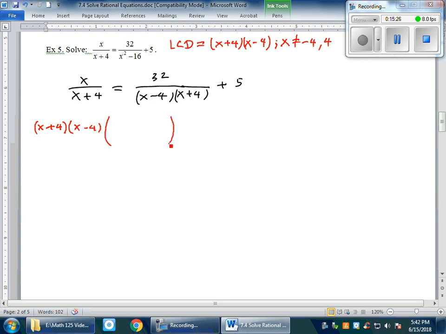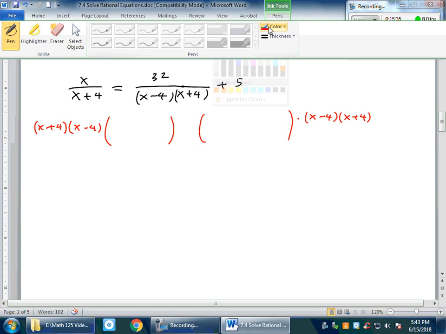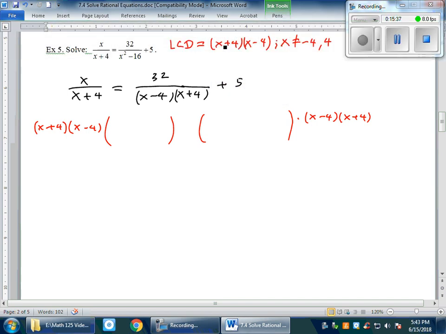Multiply the LCD to the left-hand side, and multiply the LCD to the right-hand side. So this will look like this. When I multiply the left-hand side, x plus 4 and x plus 4 cancel out, so I will be left with x times x minus 4.